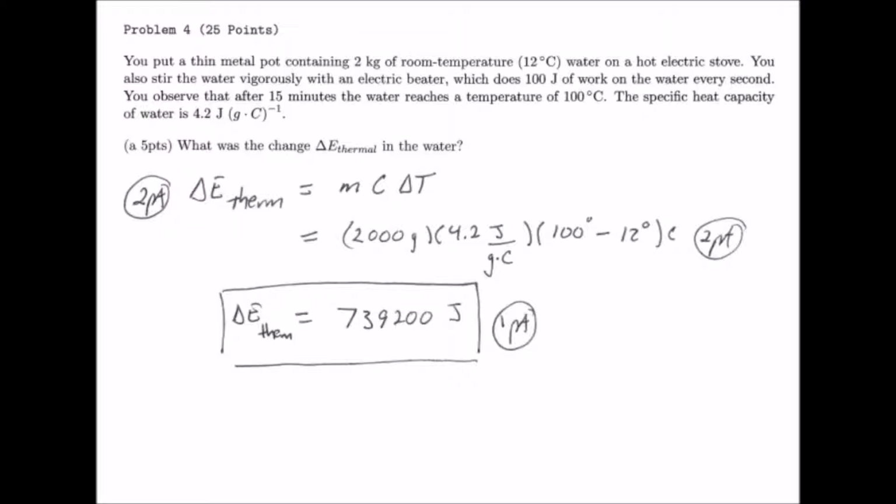Since we already know delta T is 88 degrees Celsius, we can use the equation delta E thermal equals MC delta T. We convert the mass of 2 kilograms to 2,000 grams, multiply by the specific heat capacity of 4.2, and multiply by 88, the change in temperature.